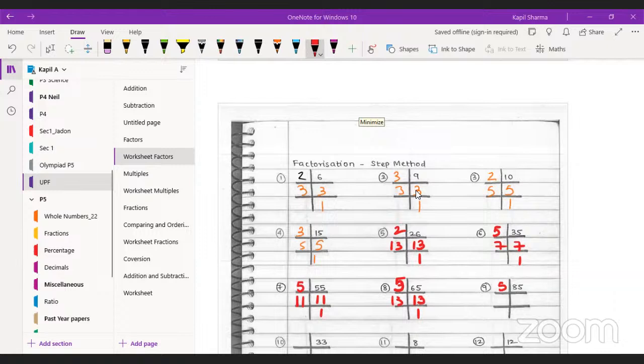Type your answers in the chat box. Yes, okay, Revarth. So 85 is divisible by 5. So we get 17. And then 17 is a prime number. So 17 times 1.